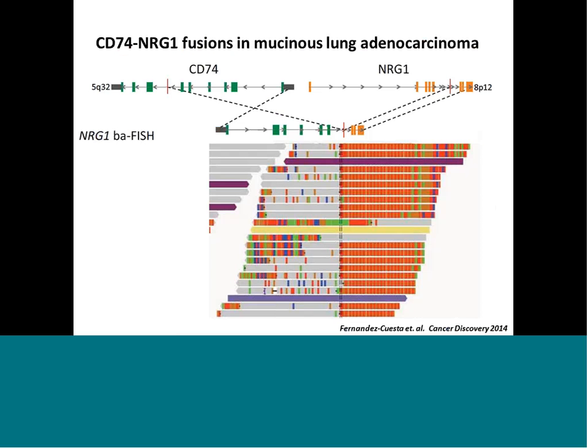And even rarer mutations can be detected by these genomic approaches, like we've recently described a novel fusion between neuregulin, which is the ligand for HER1, HER3, HER2, and the pan-HER activator. And also this fusion is vulnerable to inhibitors of pan-HER signaling.